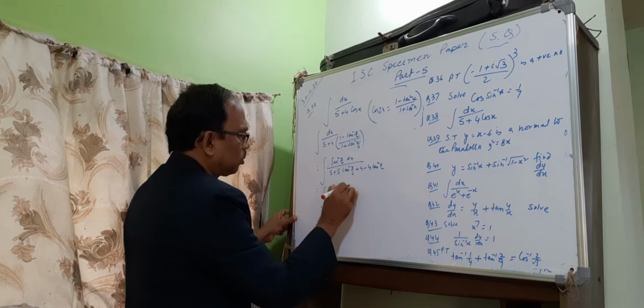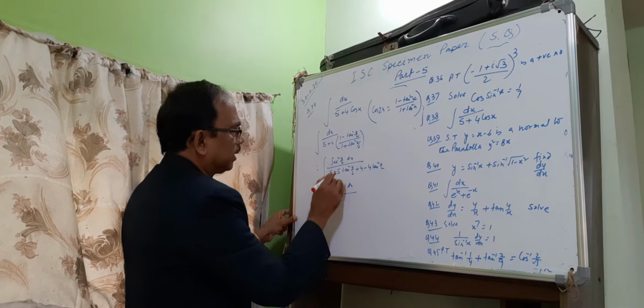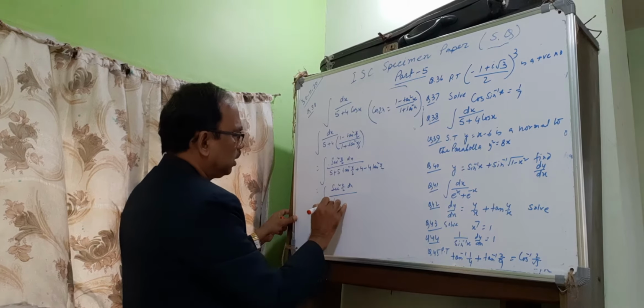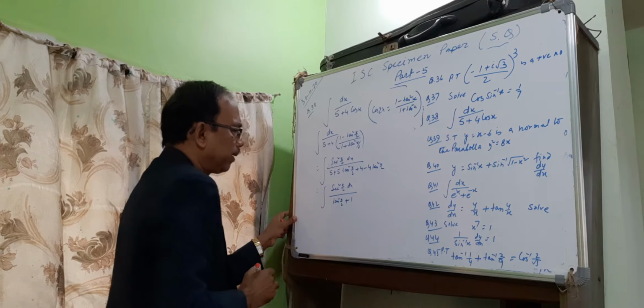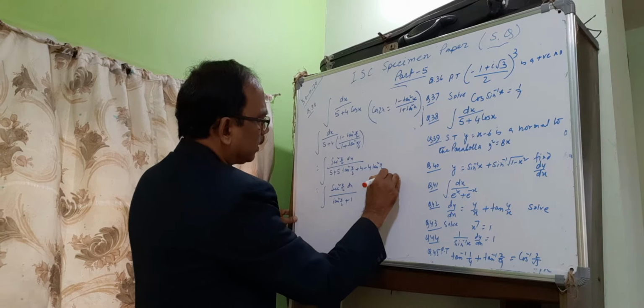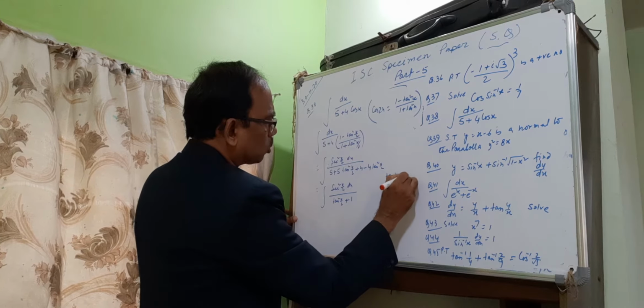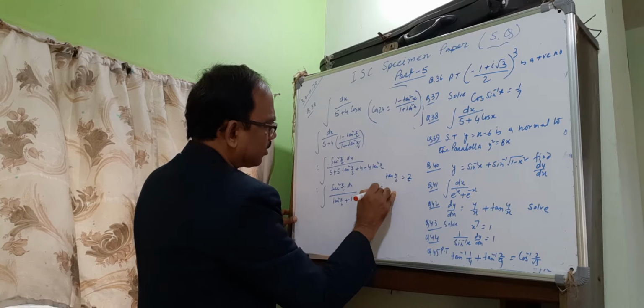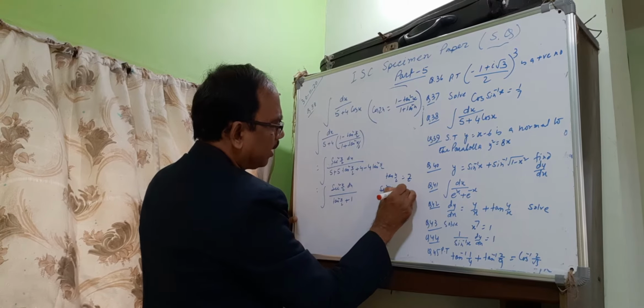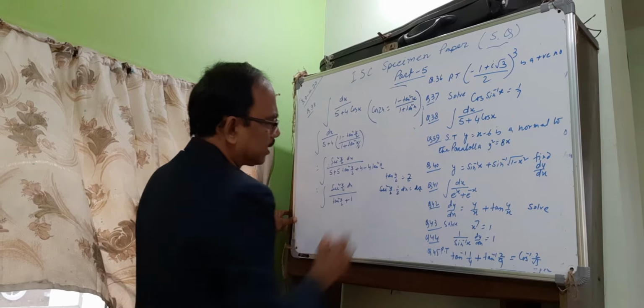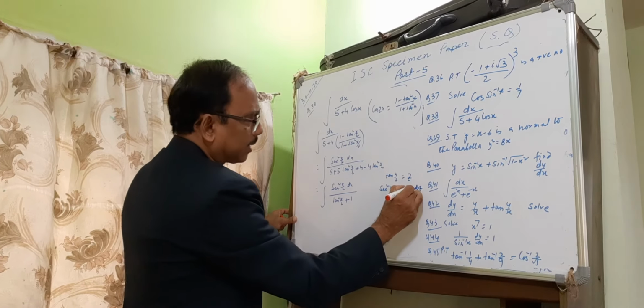Sec square x by 2 dx over 5 minus 4, that is only tan square x by 2 plus 1. Now tan x by 2 equals z. Differentiating, sec square x by 2 times half dx equals dz. Then half goes to the right hand side, that is 2 dz.